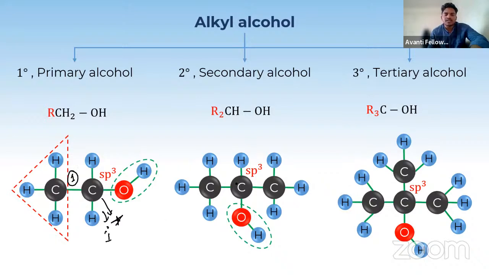And this particular carbon, attached with OH, is attached to 1 and 2, so this is secondary. And here it is attached to 1, 2, 3, so that's why tertiary. So this is an sp3 carbon attached with different carbons, and we can call them primary, secondary, and tertiary. Okay, so the classification is done based upon the number of carbons attached to it.